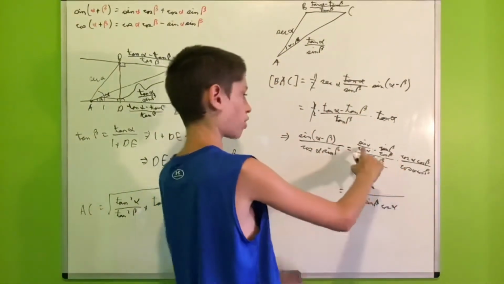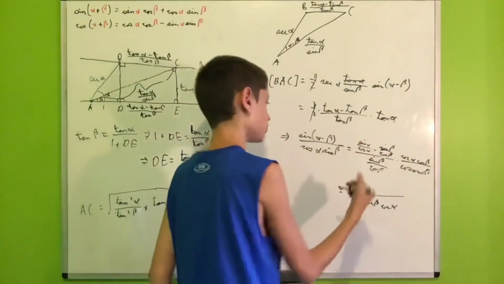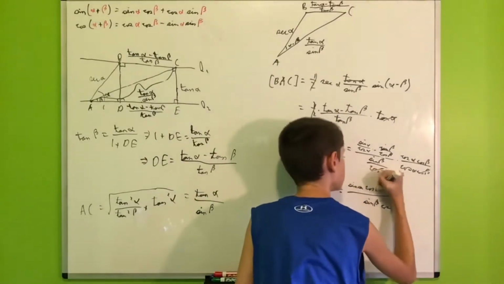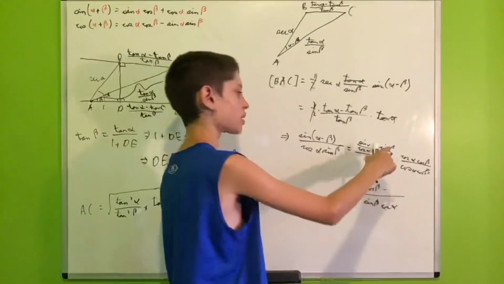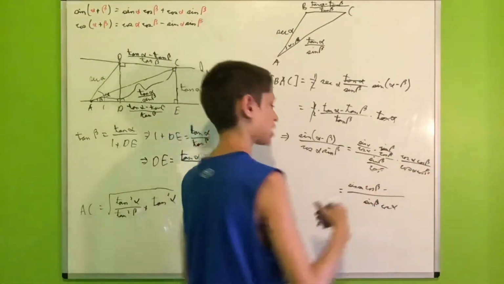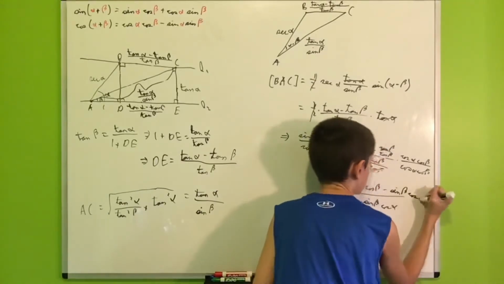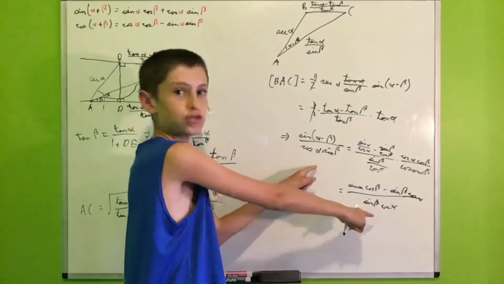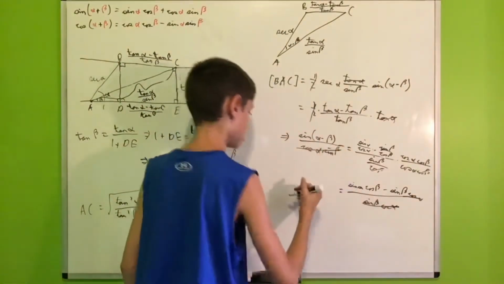And for our first term, the cosine of alpha will cancel out, so we will be left with sine alpha times cosine of beta. And then for our second term, the cosine of beta will cancel out, so sine of beta times cosine of alpha. But then the two denominators are exactly the same, which means we can cancel them out.